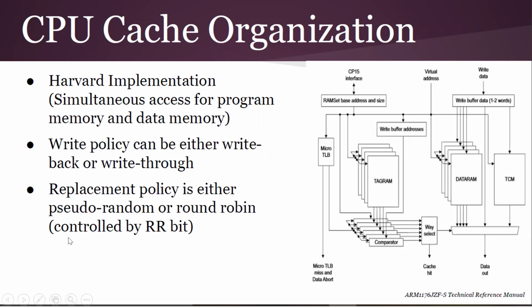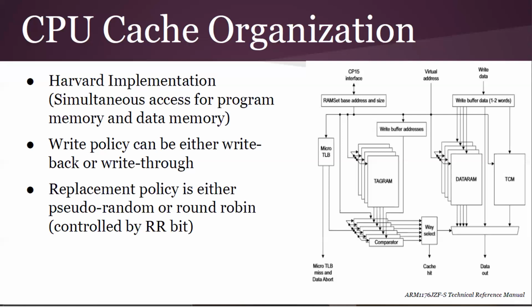One more thing you can observe here: the replacement policy of the cache is controlled by pseudo random or round robin technique. All of you know the round robin technique. Different time slots are provided to different sets of data, and depending on this time slot, the replacement policy of the cache has been designed.